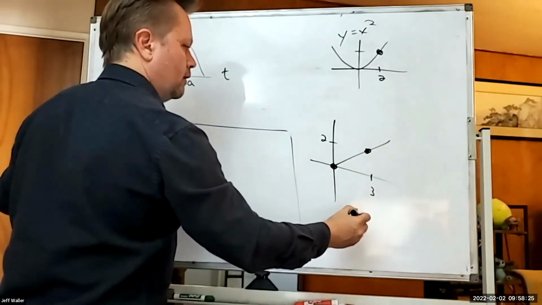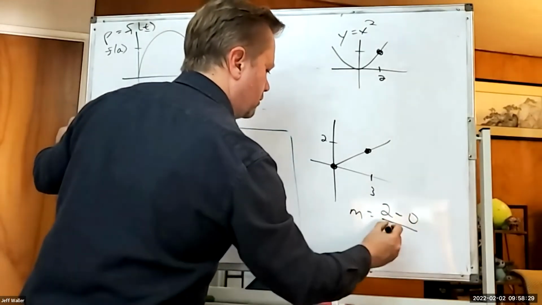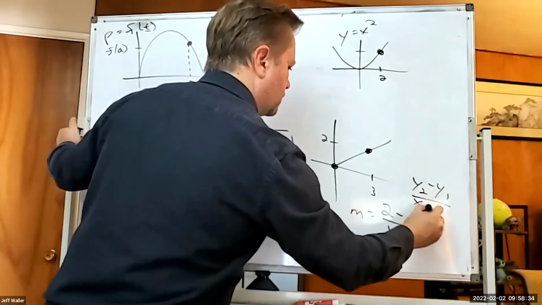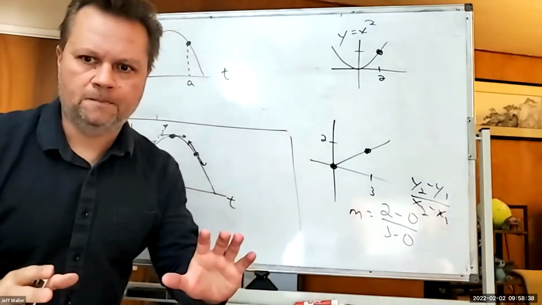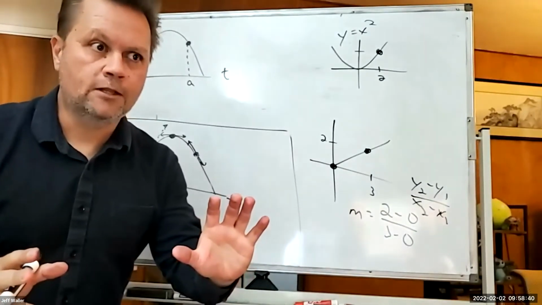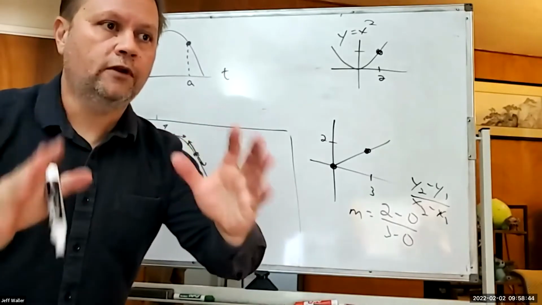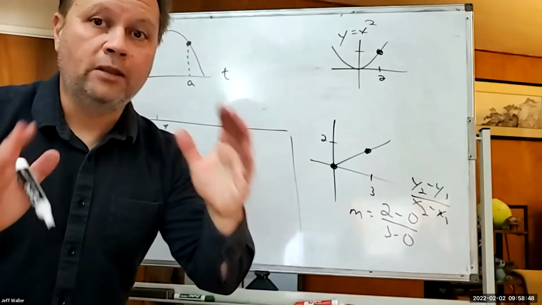So rise over run. It would be 2 minus 0 over 3 minus 0, right? y2 minus y1 over x2 minus x1, correct? You guys with me? A little bit? Okay. So in order to figure out the slope of a line, how many points do you need?